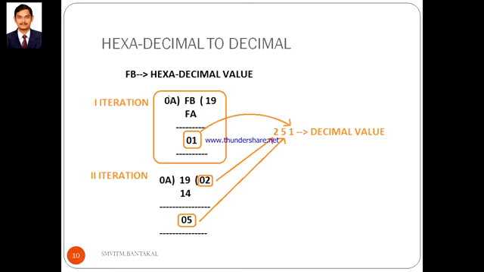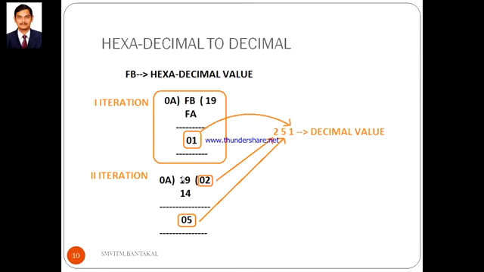To convert to decimal, the weightage I have to use is a decimal value, which is 10, that is 0A. I am dividing FB with this, and accordingly the remainder will be 1, which is directly taken as the last digit here. And the quotient we have to consider for the next iteration.